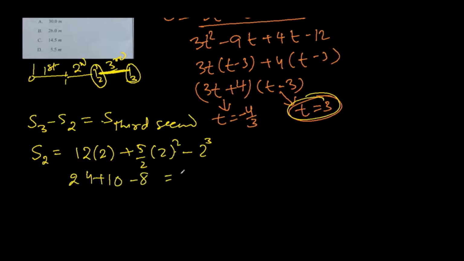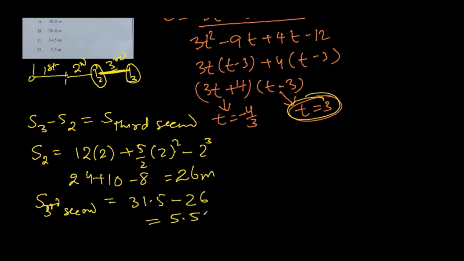That becomes 34 minus 8, 26 meters. So the distance in the third second is S3, 31.5, minus S2, which is 26. The answer will be 5.5 meters. D is the answer.